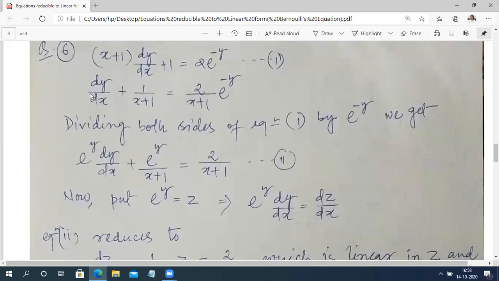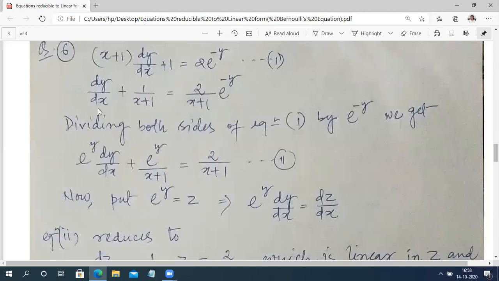Okay, so this is your given equation, but this equation is again an equation in the form of Bernoulli's equation, and here y to the power n, the function of n is e raised to the power minus y. So divide the whole equation by e raised to the power minus y.